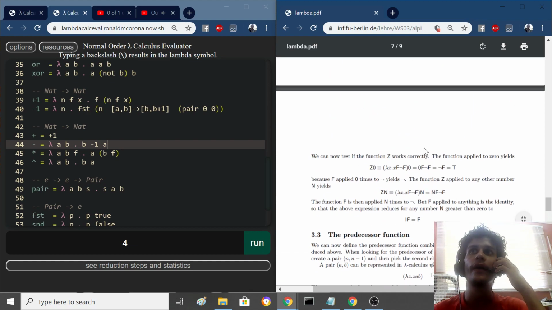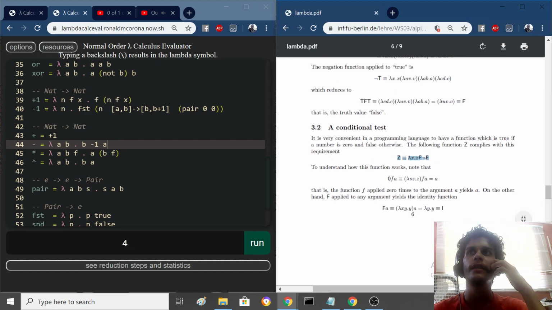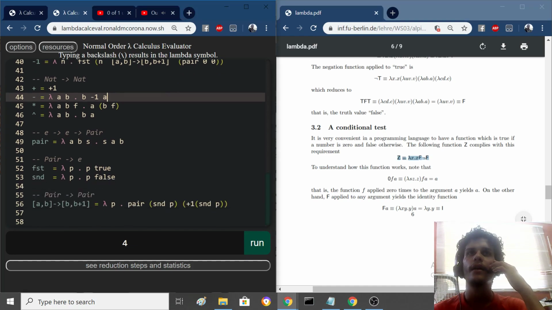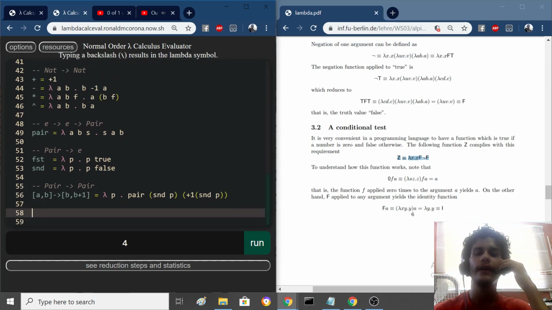But alright, the last thing we want to look at on this paper is this function right here, z, which tells us if a number is equal to 0 or not, right? So let's just write it down. In my version, I'm not going to call it z, because I can use pretty much any symbol except for a lambda symbol and a dot and parentheses to name variables.